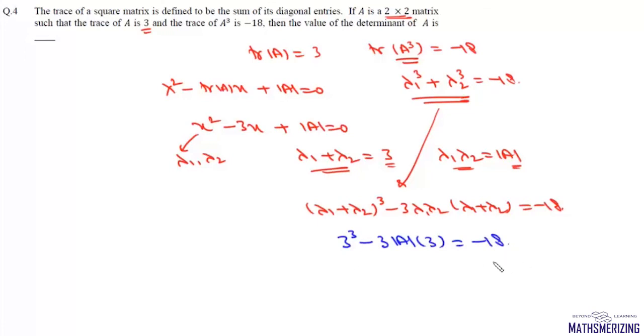Now we'll divide everything by 9. We'll get 3 minus determinant of A, and it will be minus 2. So from here we'll get determinant of A as 5. So the value of determinant of A will be simply 5, and that is the answer to this question.